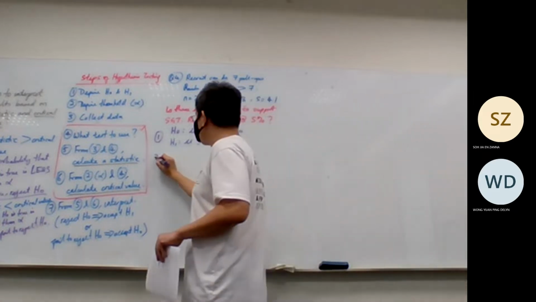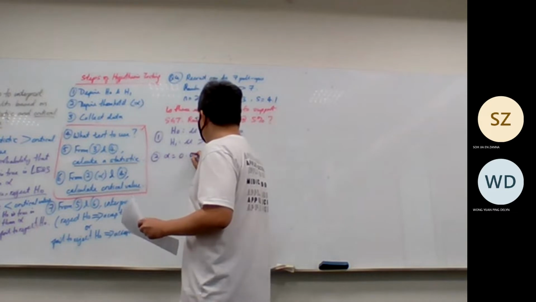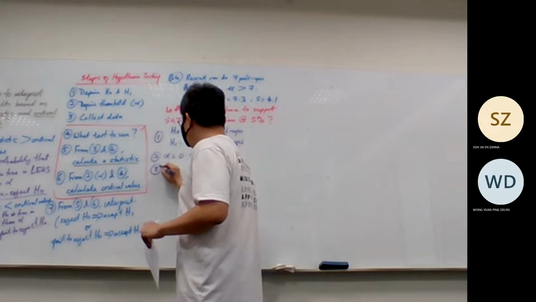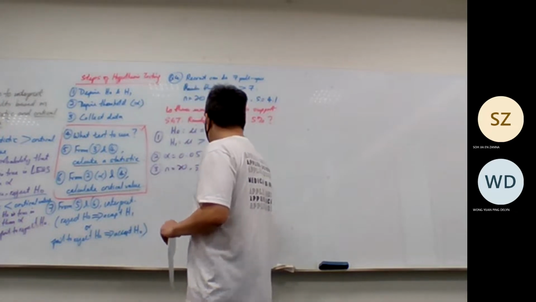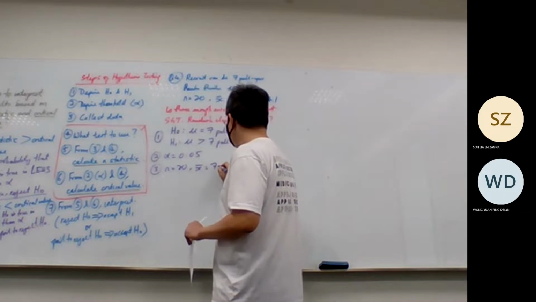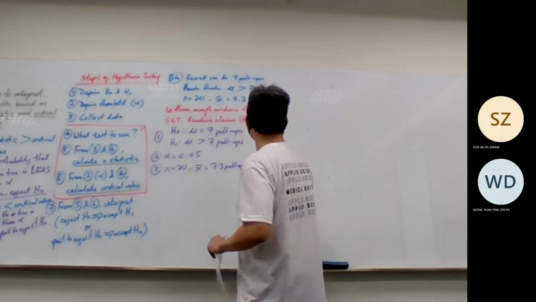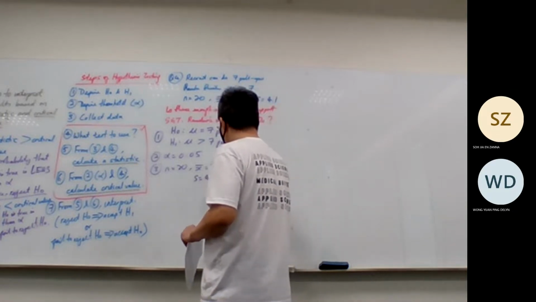Alpha is given 5%, so it's 0.05. You also collected your data. N equals 20. The mean is 7.3 pull-ups. Standard deviation is 4.1 pull-ups.